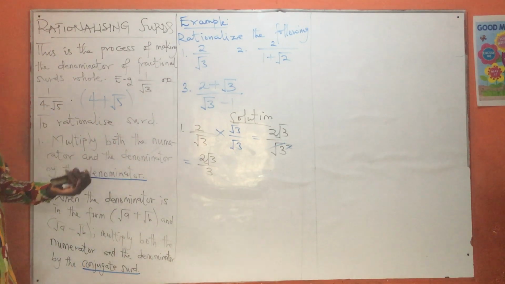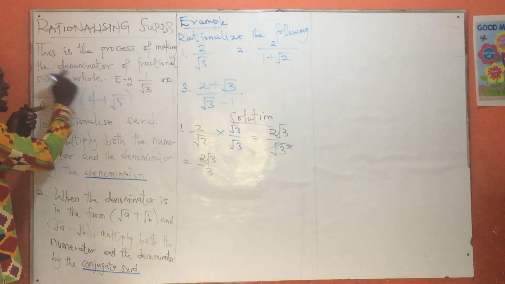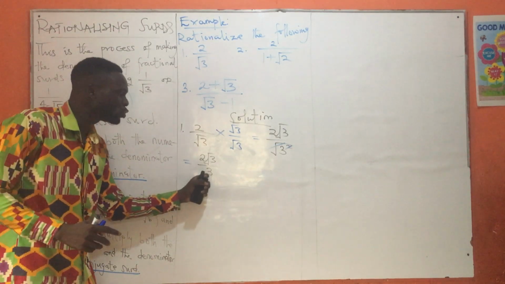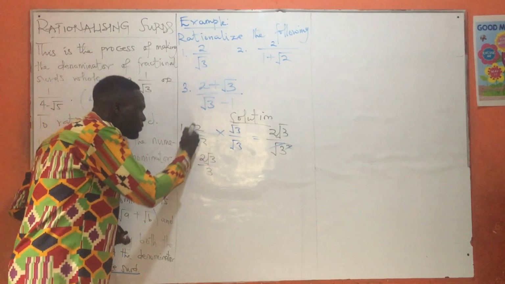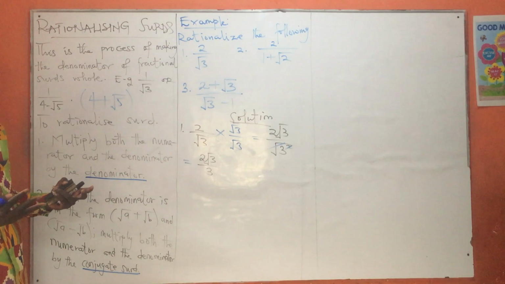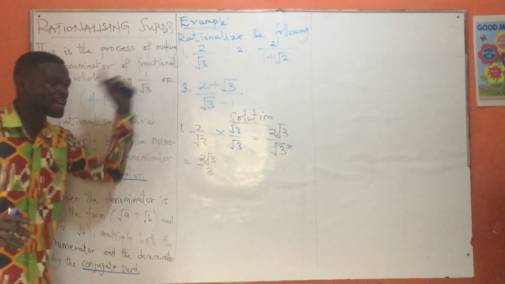A whole number. So we said that this is the process of making the denominator of a fractional surd whole. So once we have been able to make the denominator of this fractional surd a whole number, we have rationalized the surd. As simple as that for the first one.